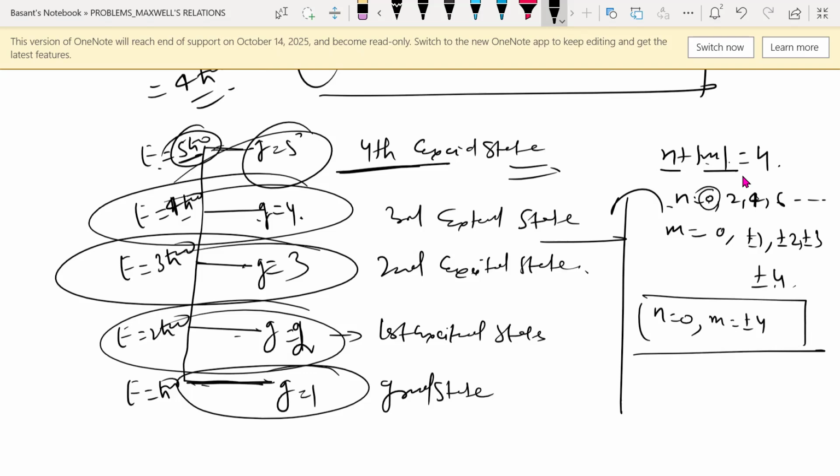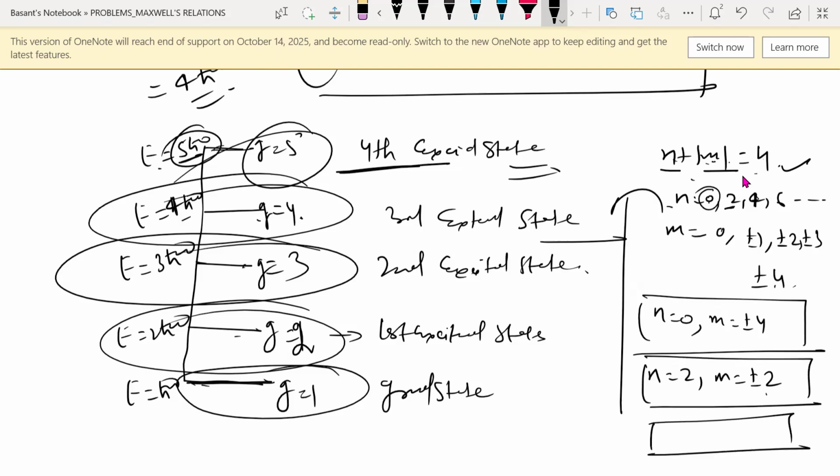Next, n can take value 2. So, n is equal to 2, then m must be plus minus 2, so that mod m becomes 2 and n plus mod m becomes 4. Now, the third pair is n equal to 4, then m is equal to only 0.